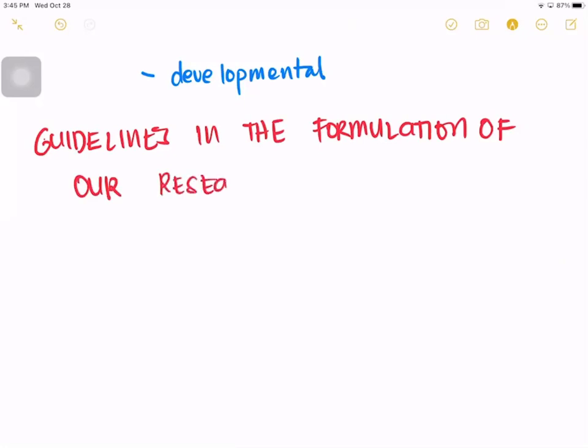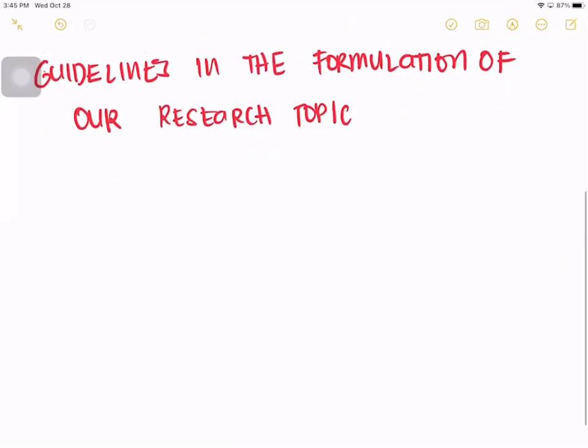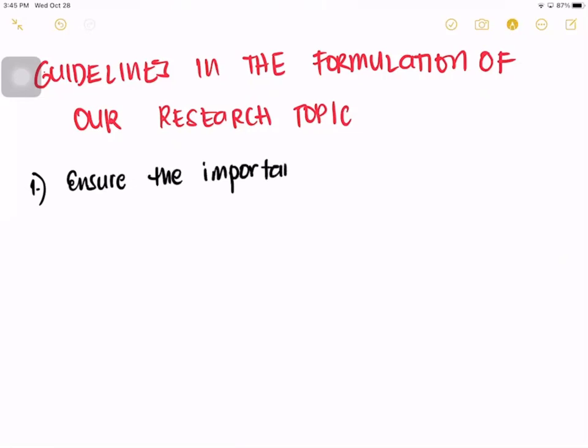These are the important things that we have to consider when we are drafting or formulating our research topic. The first one is we have to ensure the important elements of our research title.